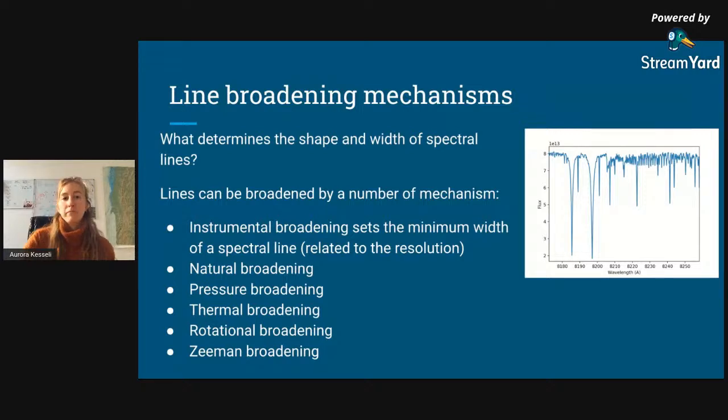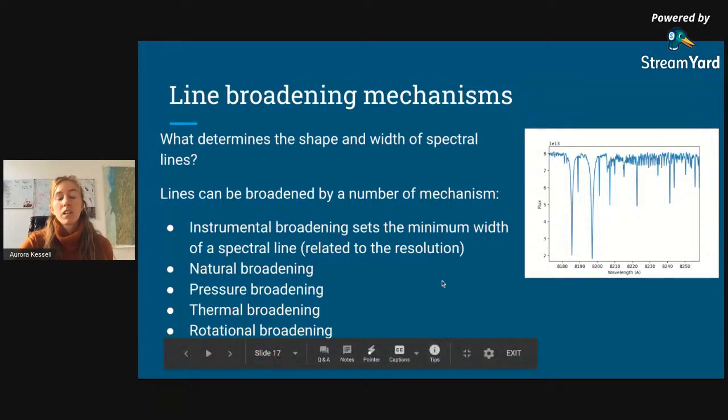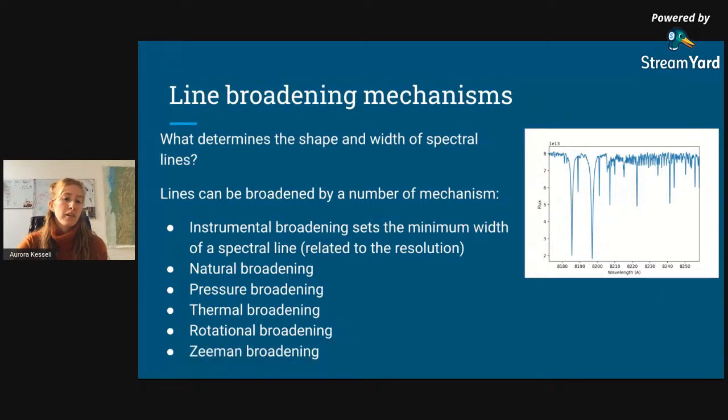If you remember from before, we had plots with low resolution where you basically can't see the line shapes at all. As we get to higher and higher resolution, we can start to pick out the line shapes, because the broadening of the spectrograph sets what we can see. Then we'll talk about natural broadening, pressure broadening, thermal broadening, rotational broadening, and Zeeman broadening.